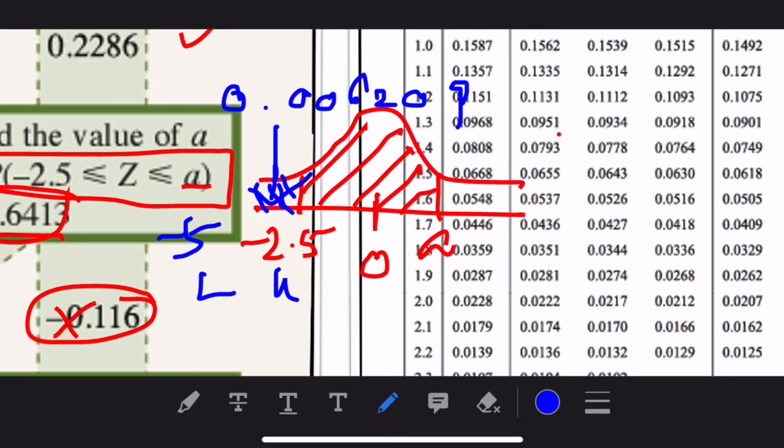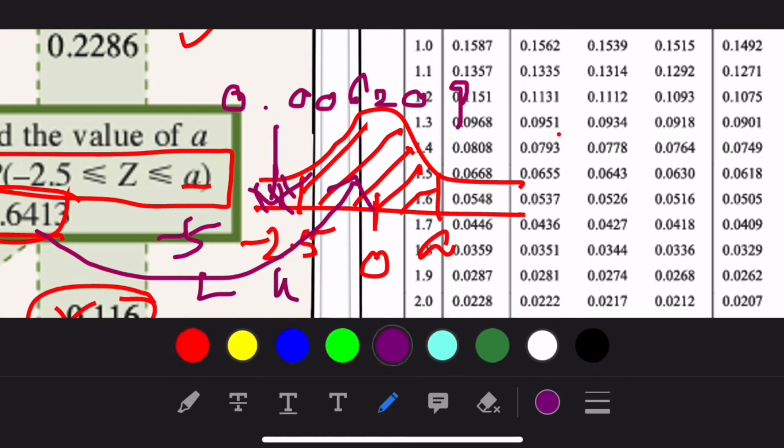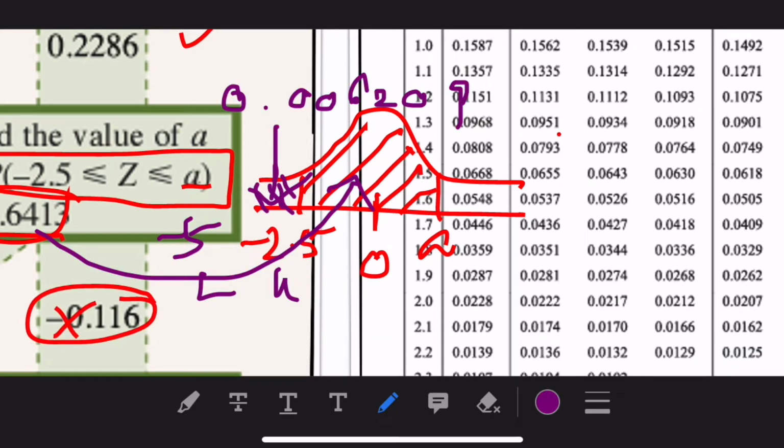I have the area for the one shaded in red color. For the one shaded in red color, I got this area 0.6413, so I can just add 0.6413. If on the new calculator you have the area shaded to the left, you can find the A, the z-score.